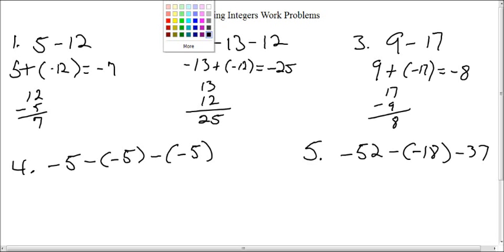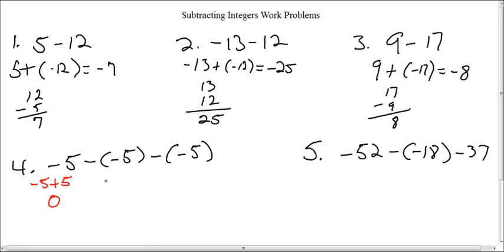Okay, so let's see. Same, opposite, opposite. Let's start with the first two numbers first. You have a -5, which we're going to keep the same. So that's going to be a -5 plus a +5. Let's just do two numbers at a time, just like we do sports. So this is going to give us 0.